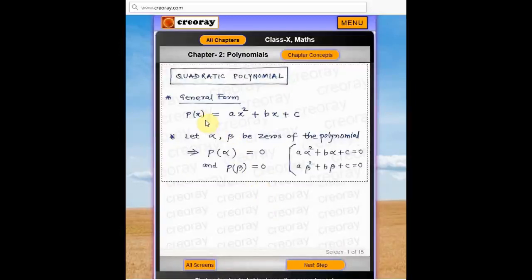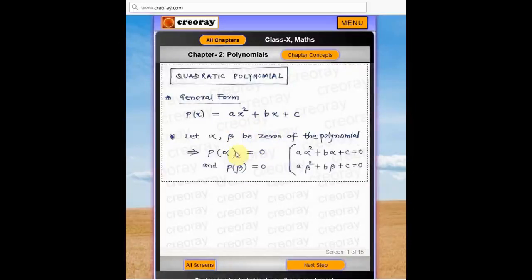So the general form of p of x, a polynomial, is ax squared plus bx plus c, and it will have some zeros. Zeros are usually denoted by alpha and beta. Zero of the polynomial means when you put alpha instead of x and simplify the expression, you will get 0.